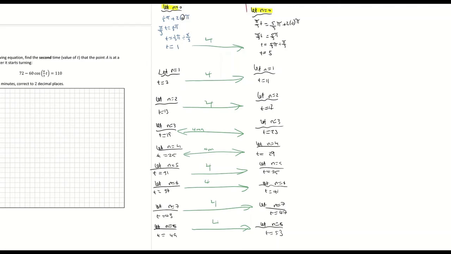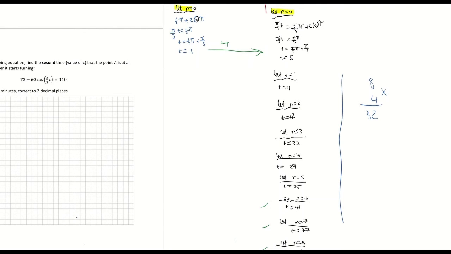Yes, that's 9 4s, but we need to exclude this one because it goes above the 49 to the 53, because it only goes up to a 50-minute period here. So that's 8 4s, so my final solution would be 8 times 4, which is 32. And on to that, I need to add 2 additional minutes because we started at t equals 1.